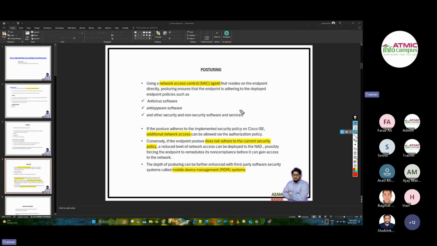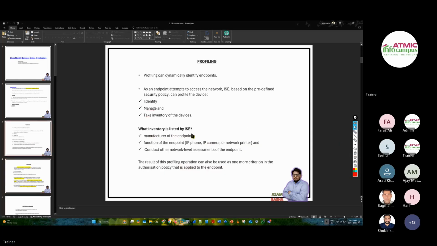So what is posturing? Before going to posturing, any question on profiling? Are we good with profiling? We are going through very basics here. This is a demo class, so I'll not be going in depth.